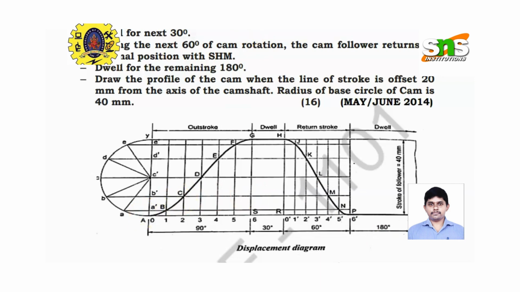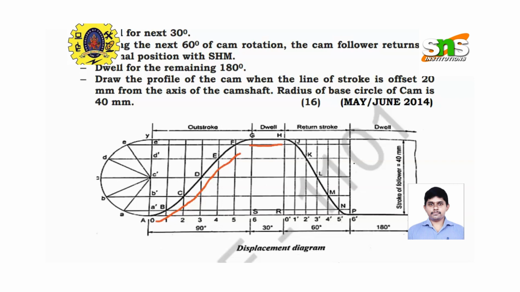Here, whatever you have seen in this part represents the rise of the follower. When the cam rotates, the motion starts rising, and similarly it maintains a dwell for some angle of rotation. When the cam moves through the 30 degrees, it is maintained. This is the dwell period.